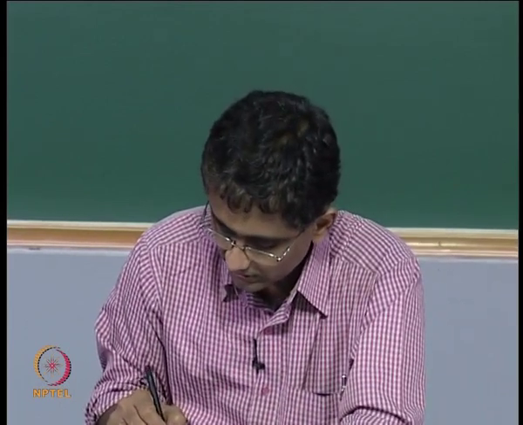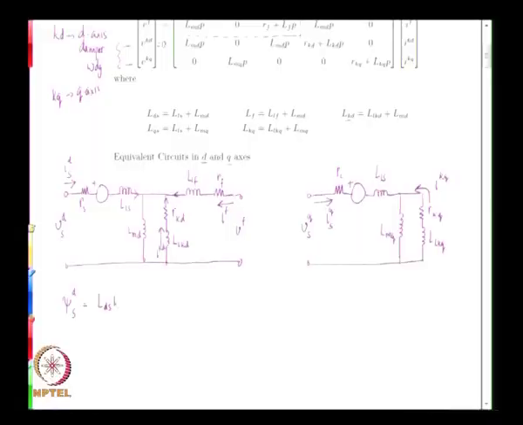This can be written as LDS into IDS plus LMD into IF plus LMD into IKD. Similarly, one can write an expression for psi qs as LQS into IQS plus LMQ into IKQ.